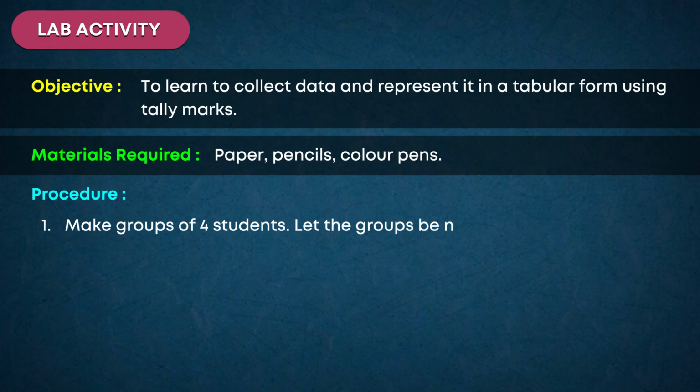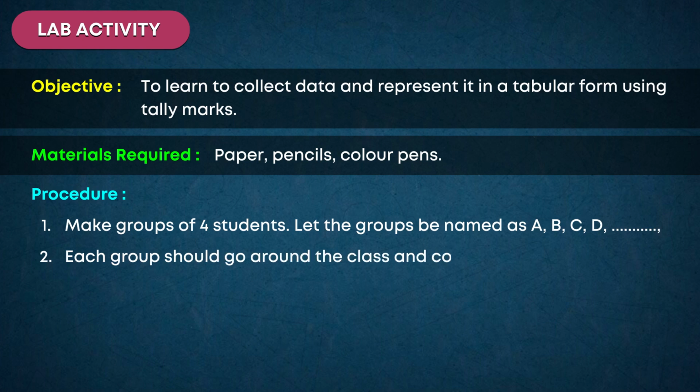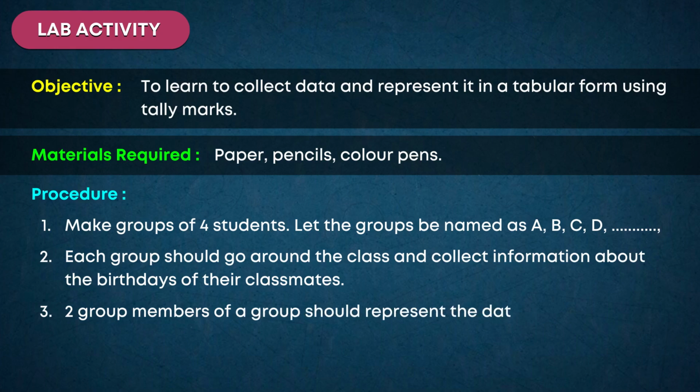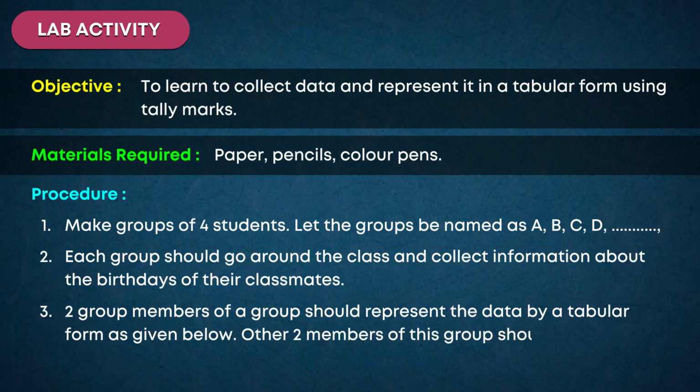Let the groups be named as A, B, C, D, and so on. 2. Each group should go around the class and collect information about the birthdays of their classmates. 3. Two group members of a group should represent the data in a tabular form as given below. The other two members of this group should complete the table by putting tally marks.